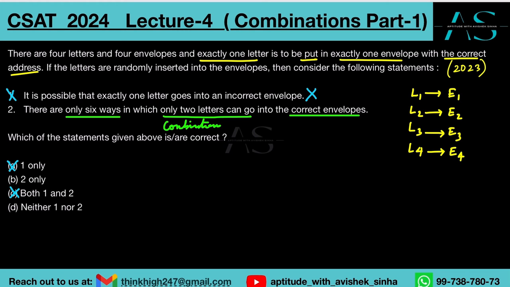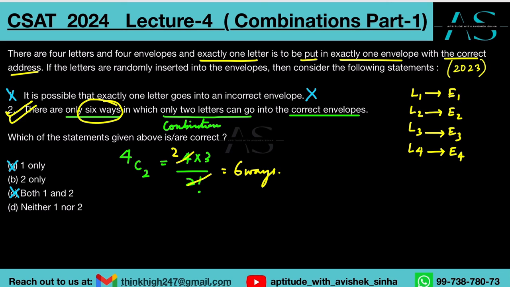Only 2 letters go into the correct envelope. How many letters do we have? 4. Only 2 are going correctly, so 4C2, which is 4 into 3 upon 2 factorial. The answer is 6 ways. Yes, this is absolutely correct.